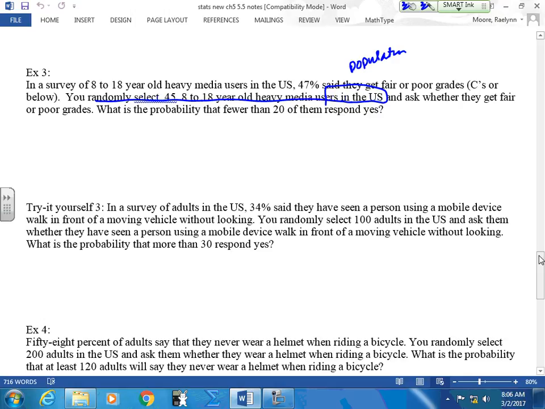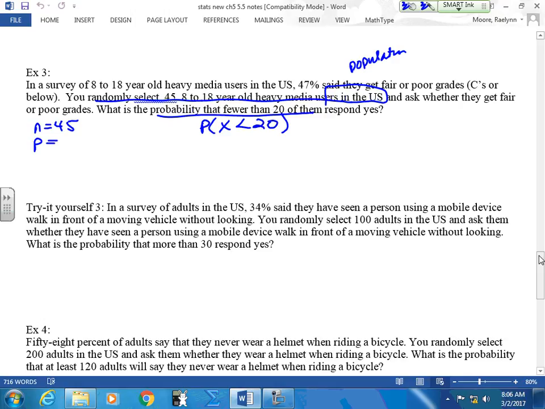What is the probability of fewer than 20 saying yes? So my N is 45. That's how many times I'm doing my trial. This is not a sample size.